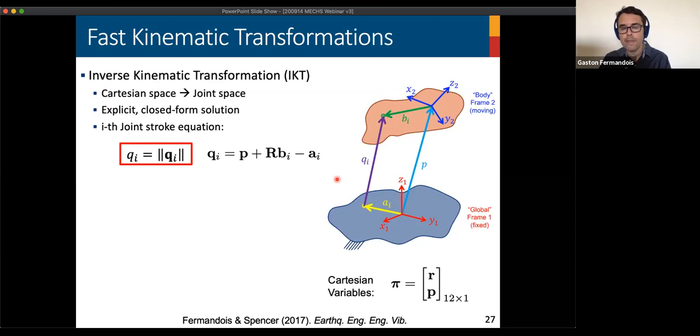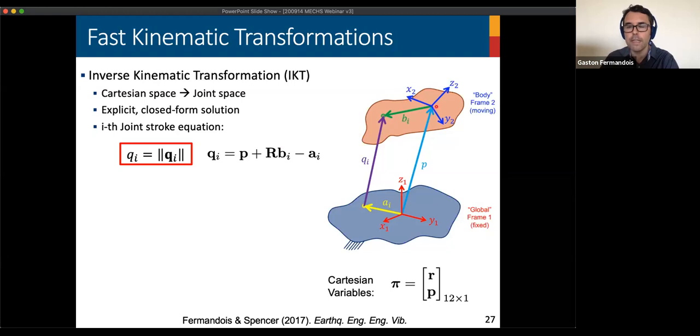For the i-th actuator or joint, the extension of the joint is basically the norm of this vector qi, where the vector is the position of the moving body with respect to the global frame, plus R, which is the rotation matrix. Using Euler angles, you can calculate that rotation matrix.